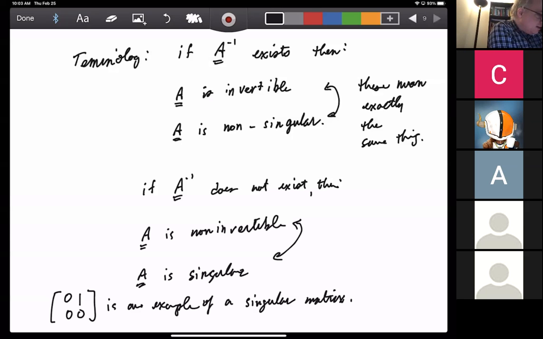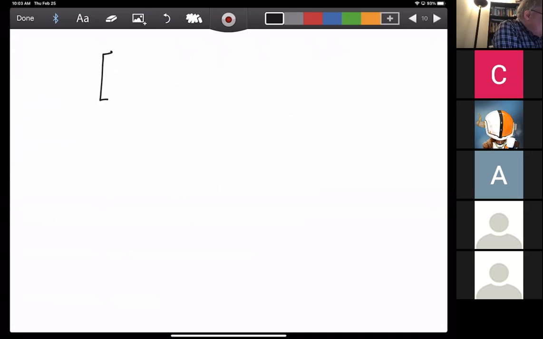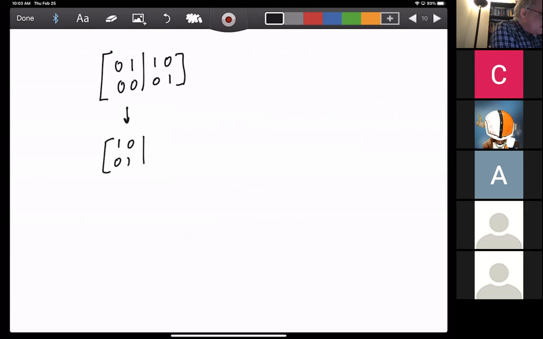Good. Okay. So let's use our strategy. Well, we're immediately in trouble, right? We're trying to get towards [1, 0; 0, 1]. We have no way of creating a 1 in any of these leftmost entries.